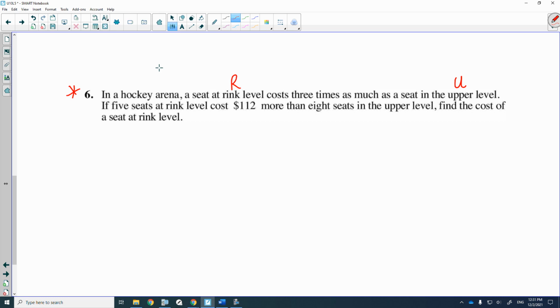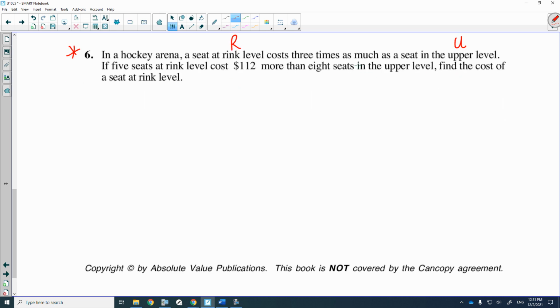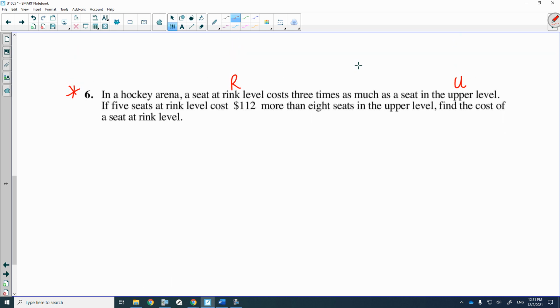To do a question like this, like figuring out which one is 3 times more, I often have to just look at numbers. I'm going to pick numbers. So here's what I mean. It says rink level is 3 times as much as upper level. So upper level is less. I'm going to pick a price for upper level. I'm just going to pick $10. If upper level is 10, what would rink level be if it's 3 times more?